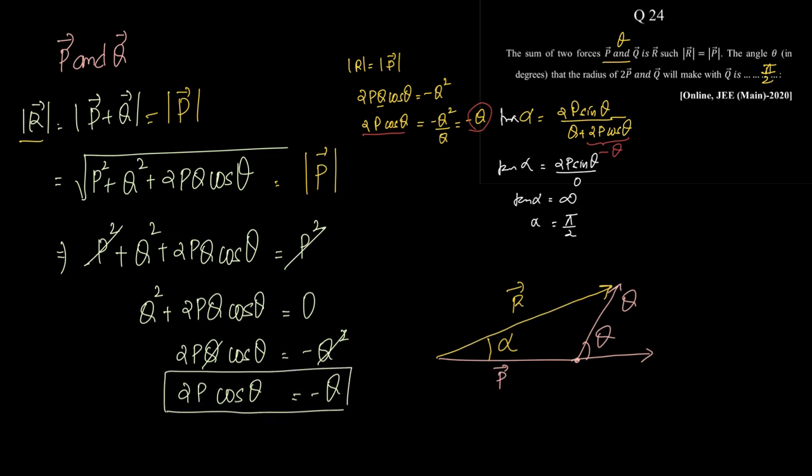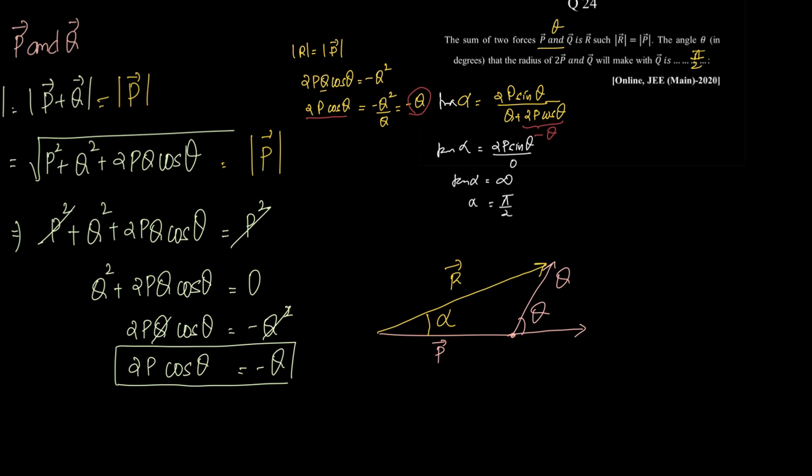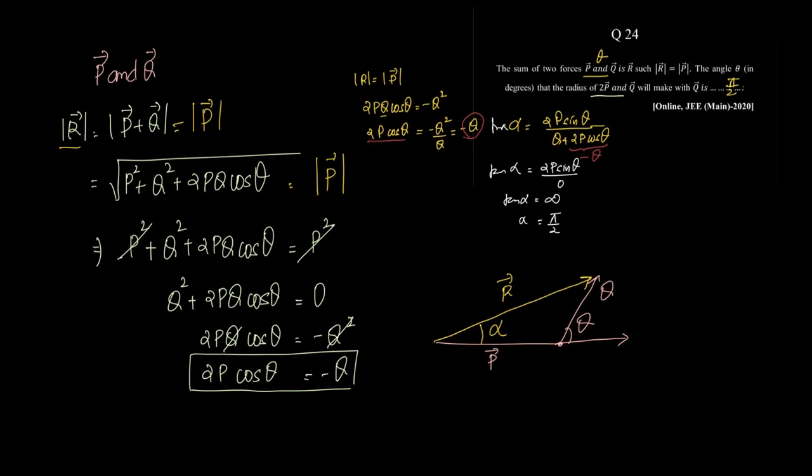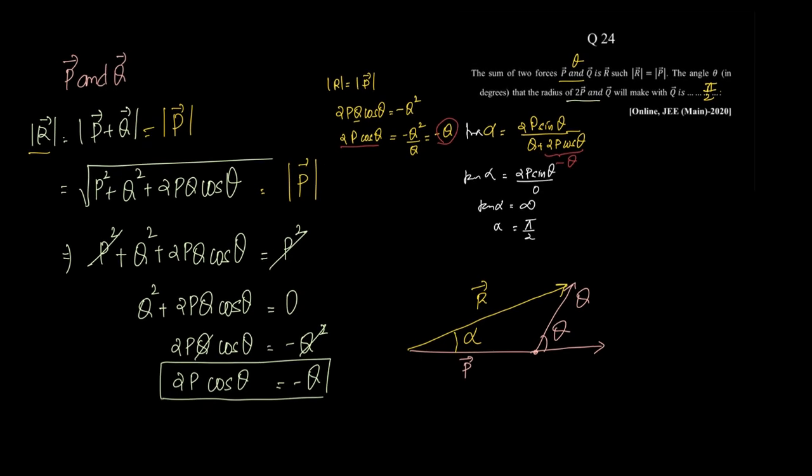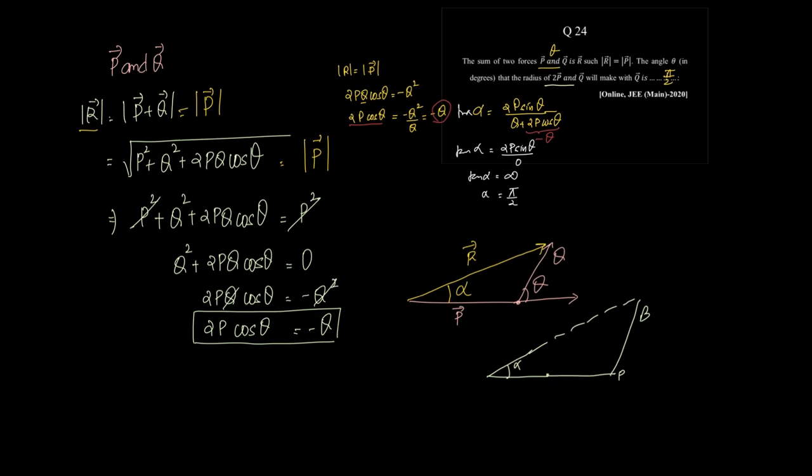Now the angle theta is between p and q. What is given in the question is that p is being doubled. So now we have alpha here, but instead of p we have 2p, and then we have vector q. We have been asked to find this alpha.